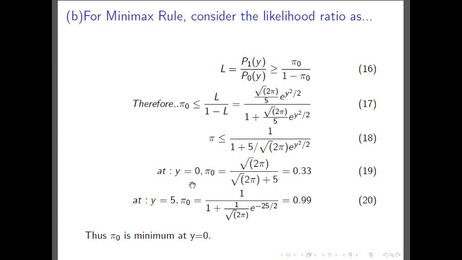At y is equal to 0, we have pi naught is equal to 0.33, and at y is equal to 5, we have pi naught is equal to 0.99. Thus, pi naught is minimum at y is equal to 0.